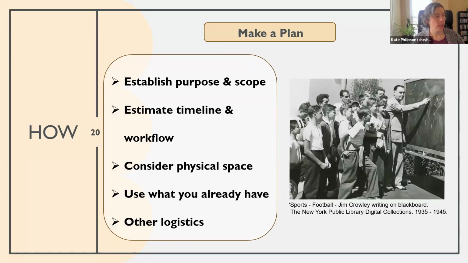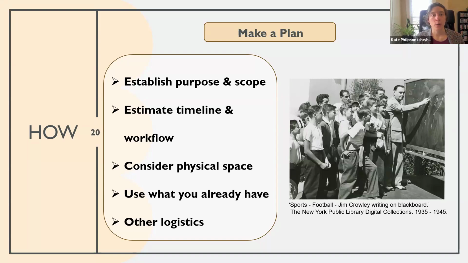So along these lines of making a plan, it's going to be important to establish the purpose and scope of your inventory. What goals do you have for the inventory? There really can be many different kinds of uses. As in, if you were recovering from a disaster or an emergency and you needed a scope of what was impacted, that would be different than trying to gain a sense of comprehensive intellectual control over the materials.